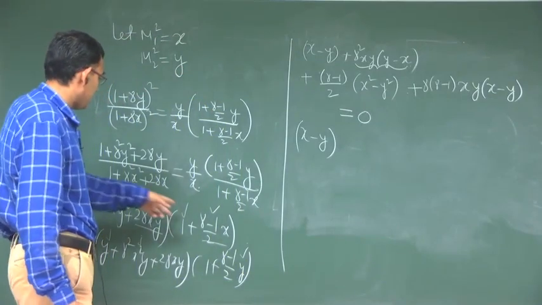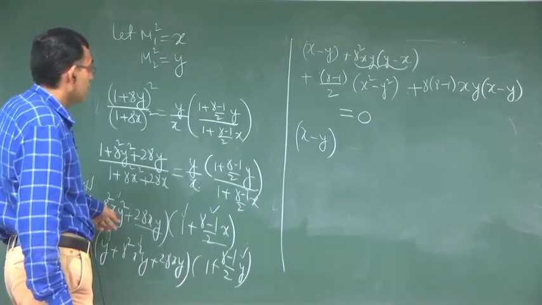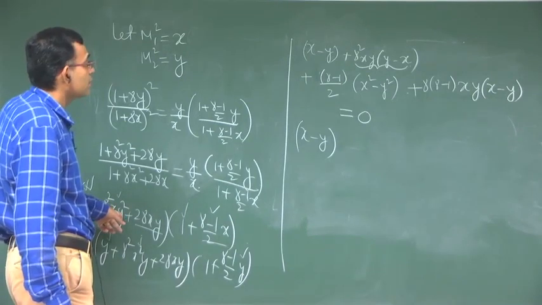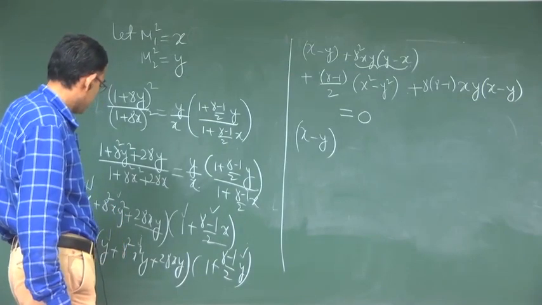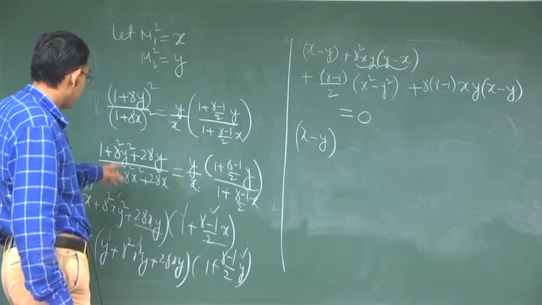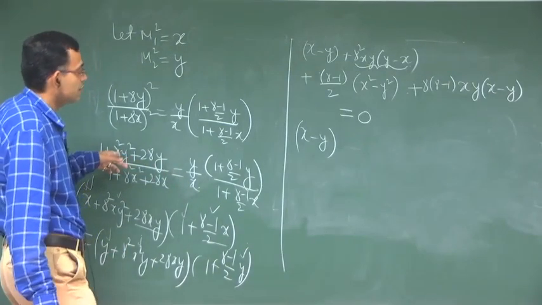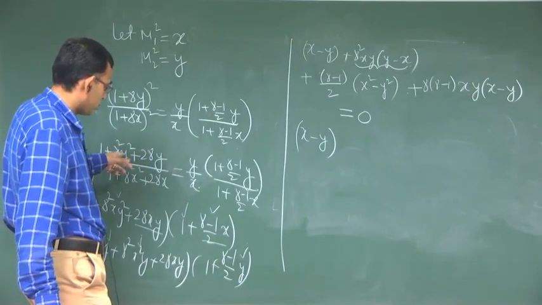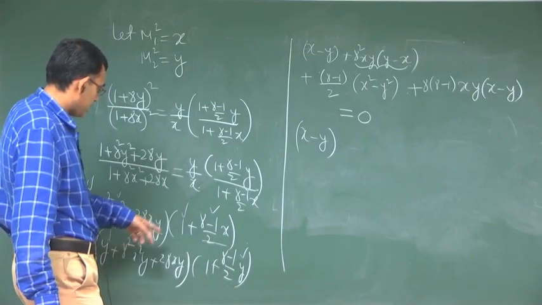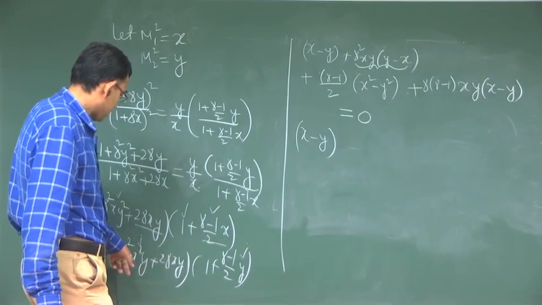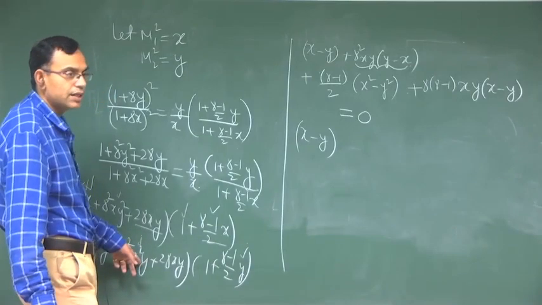So x minus y, this plus gamma square x y square minus gamma square x square y. Where did this gamma square x y square come from? This x came here. So gamma square x y square minus gamma square x square y. So gamma square x y into (y minus x), that is all right.